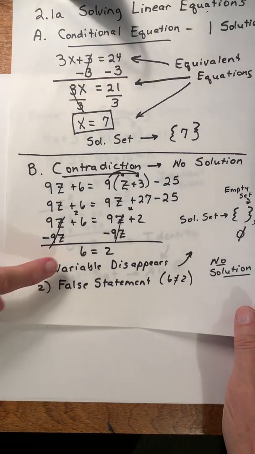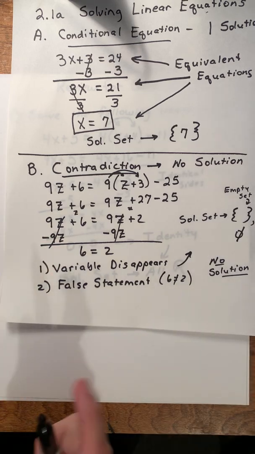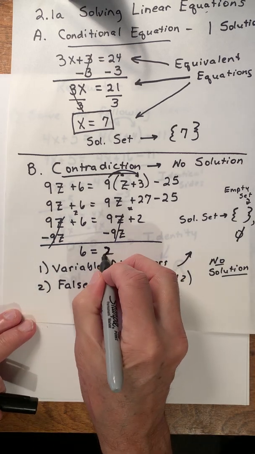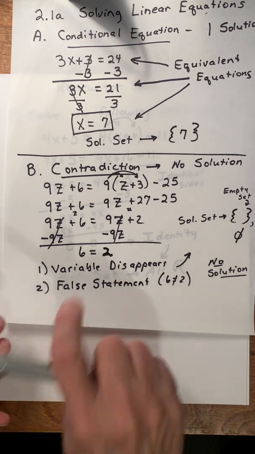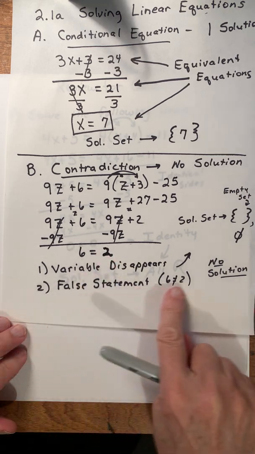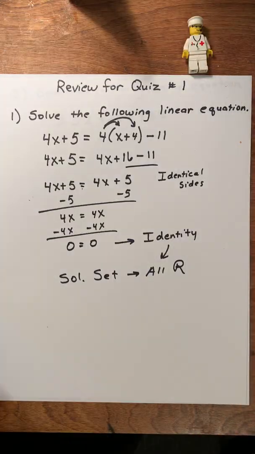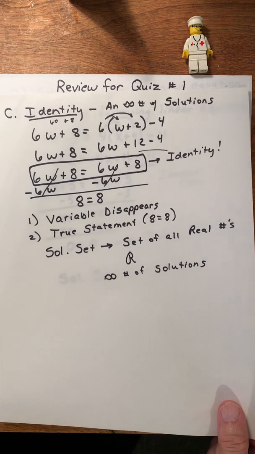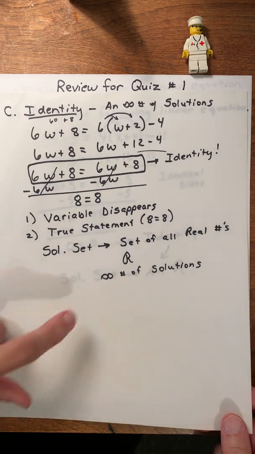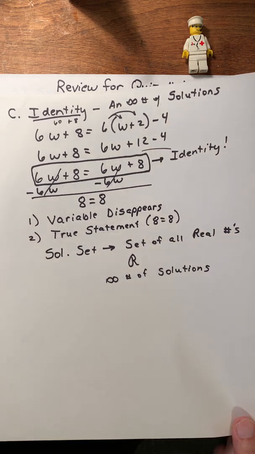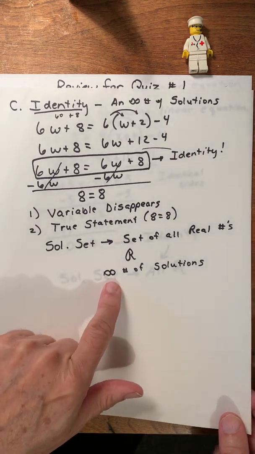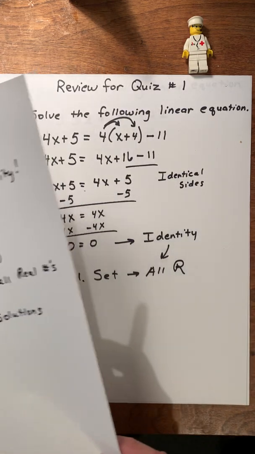I will get a contradiction, something like 6 equals 2, which of course is not true, which means there is no solution. And the third possibility is the one like we just worked. That is what we called an identity, which is true for all real numbers, i.e. there are an infinite number of solutions.